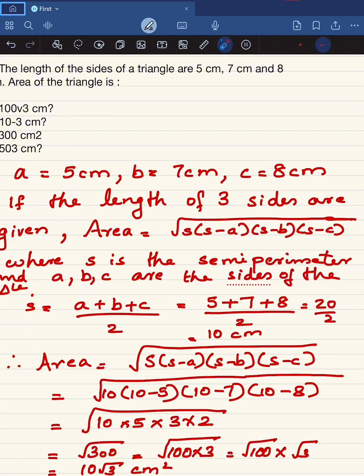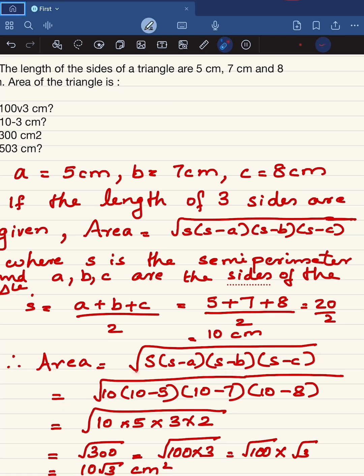Now substitute the value of s in the formula. We want to find the area. Area is equal to root of s into (s minus a) into (s minus b) into (s minus c).